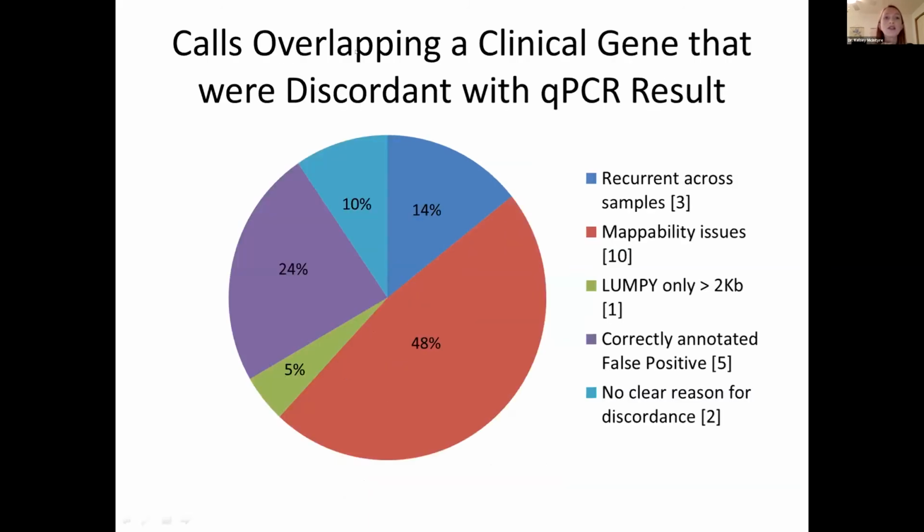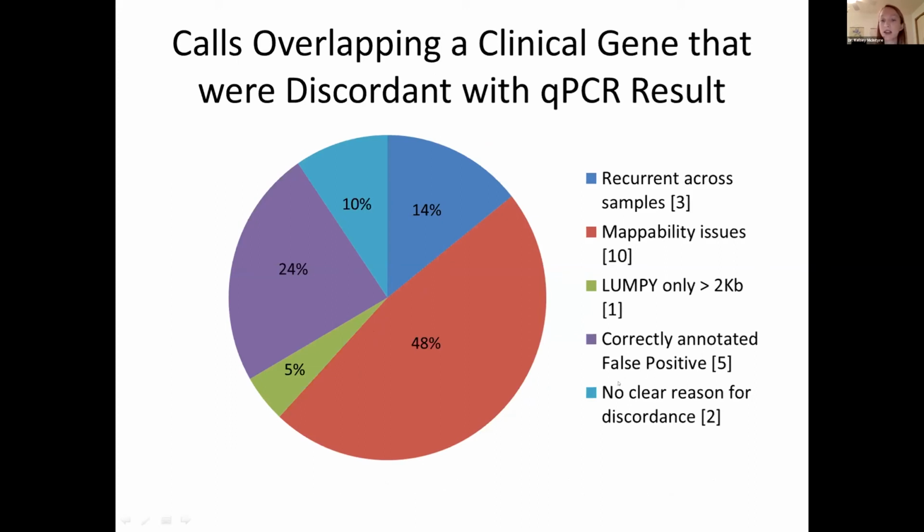And then if we limited calls to overlap with the clinical gene that were discordant with our qPCR result, most of the clinical gene calls, which would be the ones that we would think about reporting, most of them had mappability issues, were in that LUMPY only greater than 2 kb category, which we'd be eliminating, were recurrent across our samples, which are either artifact or repetitive region, or were correctly annotated as false positive.